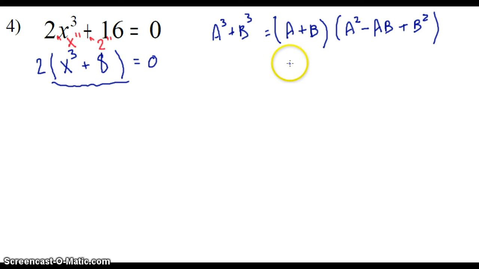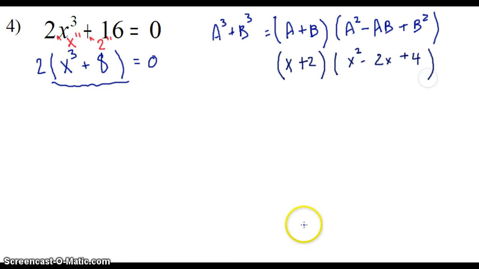So this is going to be x plus 2 times x squared minus 2x plus 4. Now one of my roots is negative 2.